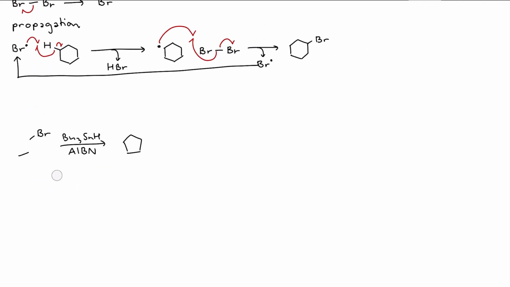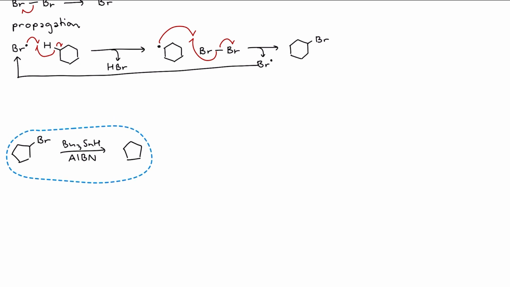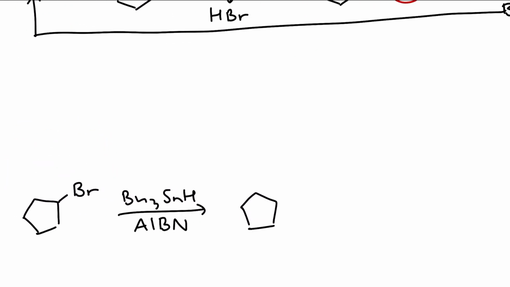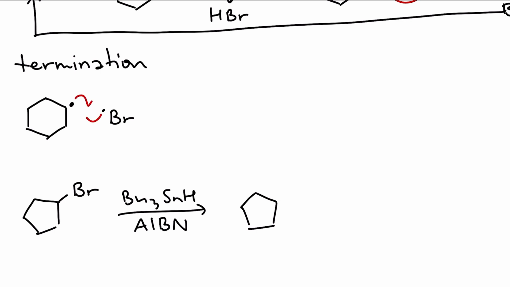And then the last step is termination. Termination is just the step where the 2 radicals recombine. Oh sorry, not a 5-member ring, a cyclohexane rather. I'm a bit sick. Combine to give you something, really, because radicals have ways of combining.